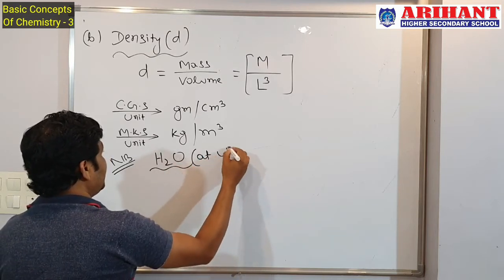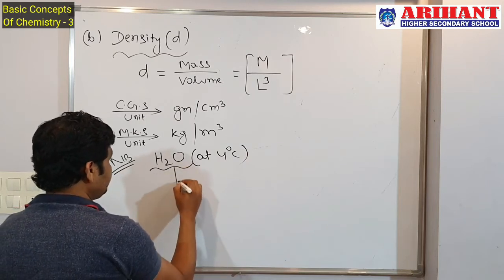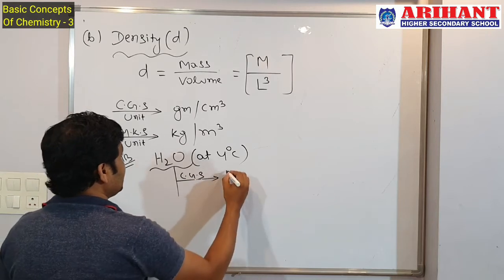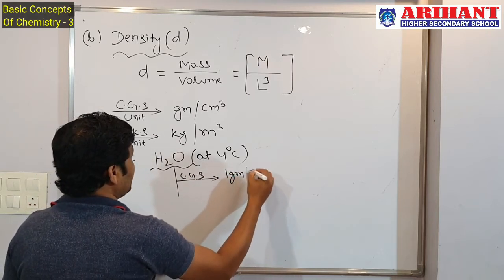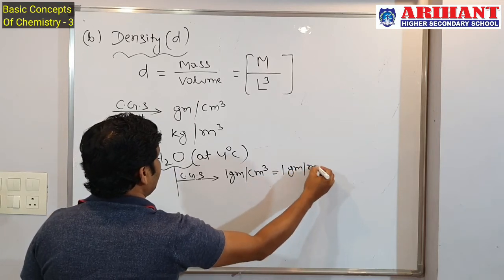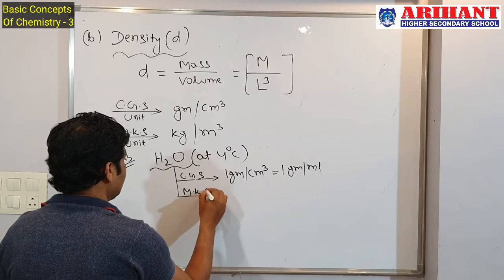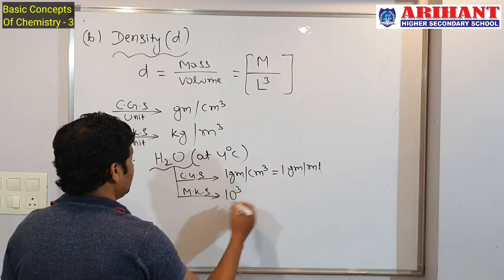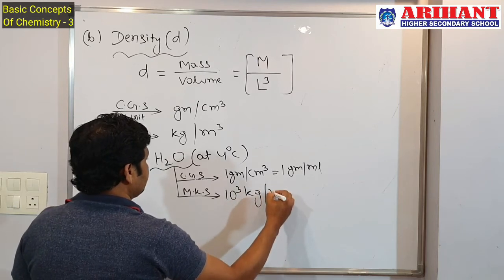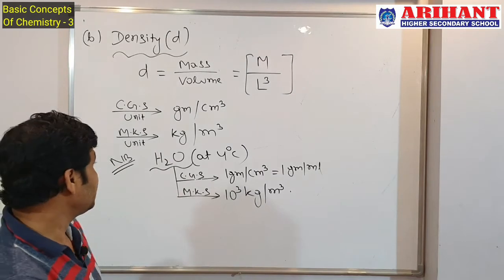At 4 degrees Celsius, it is found that density of water in CGS is 1 gram per cm cube or 1 gram per ml. In MKS, it is found that 10 to the power 3 kg per meter cube.